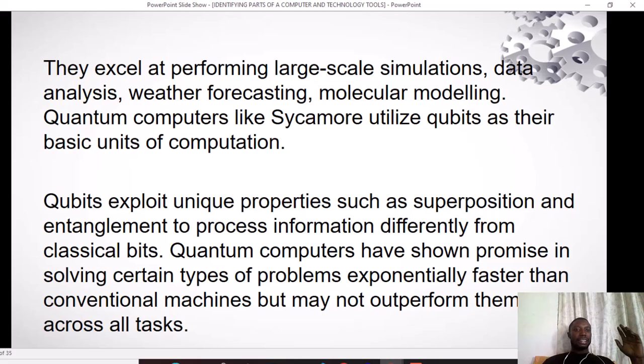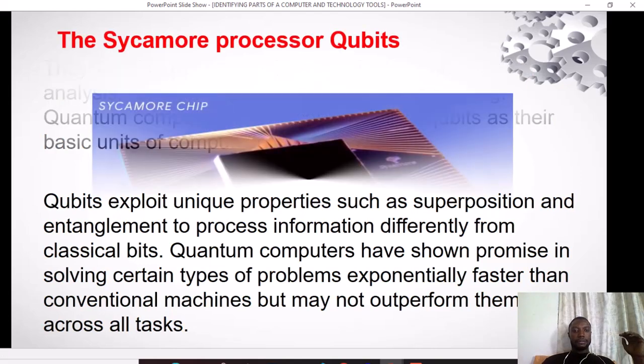That's why we are saying quantum computers have shown promise in solving certain types of problems exponentially faster than conventional machines, but may not outperform them across all tasks. So we can be perfect in one task, and these two can also be perfect in another task. This is the example of a Google Quantum Sycamore processing qubit.